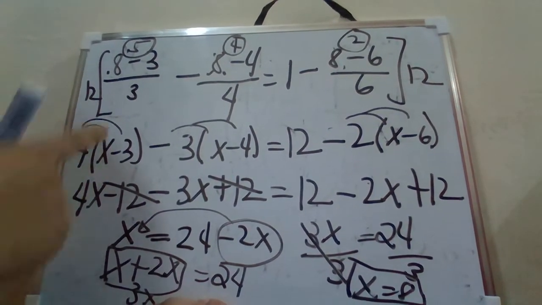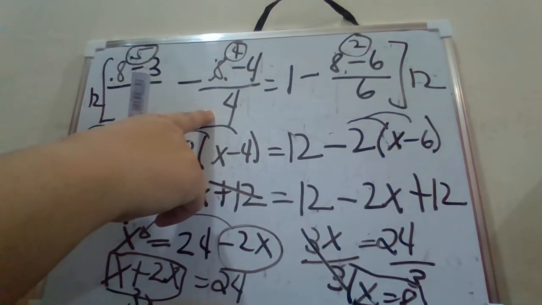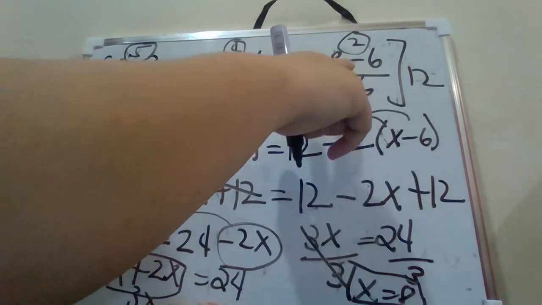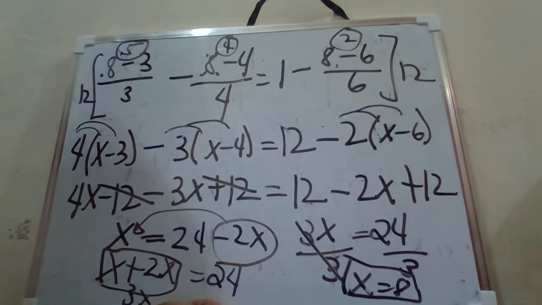So this becomes 5 over 3 minus 4 over 4 equals 1 minus 2 over 6, or 1/2.